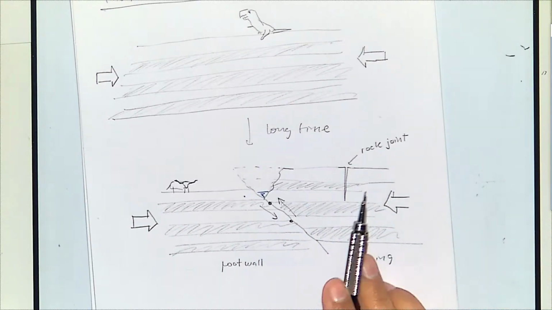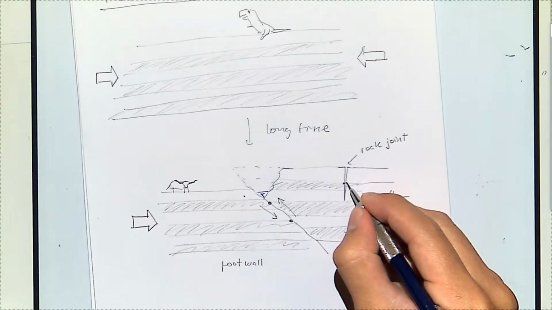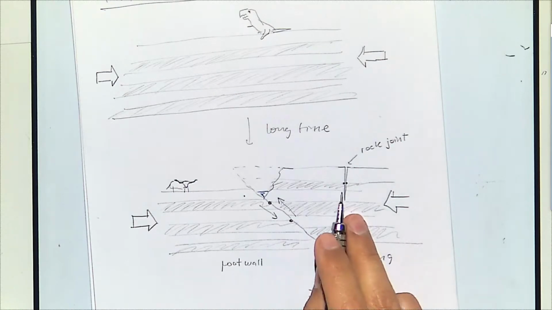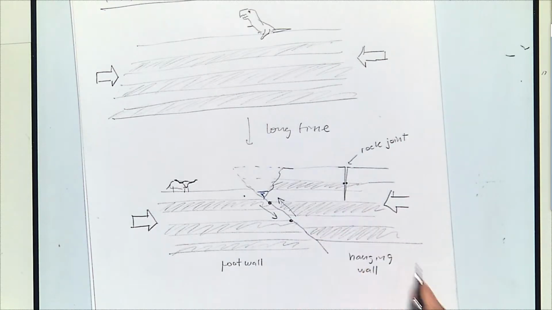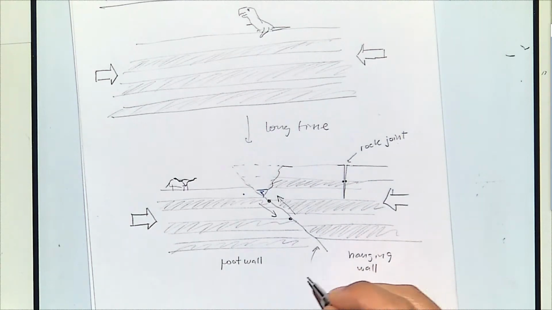This is a joint in which, if you take a look at those 2 points, they haven't moved relative to each other in direction perpendicular to the failure plane. So that will be a joint. This one will be a fault, and it is just an event of shear failure.